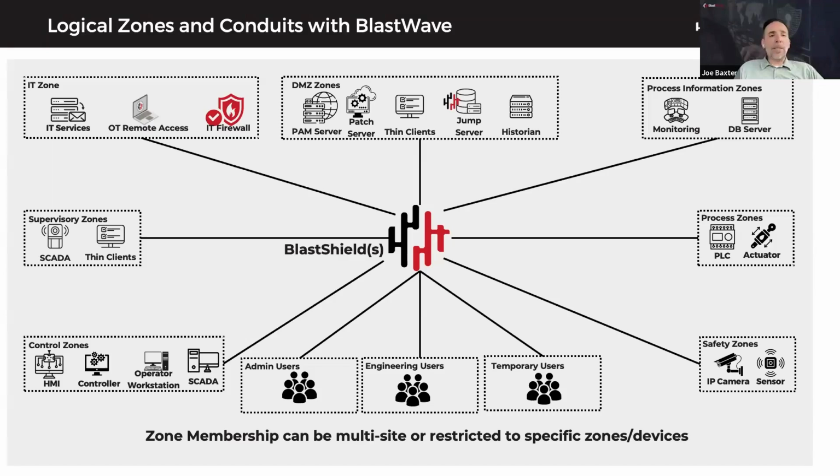We can basically make all of these look, as far as the components are concerned, as though they're in the same network, very local, because of the efficiency of Blast Shield, and we add very little, negligible, if any, latency at all to the transmission. We can create these things in such a way that something halfway around the world actually looks very local and ready and available to the system itself.